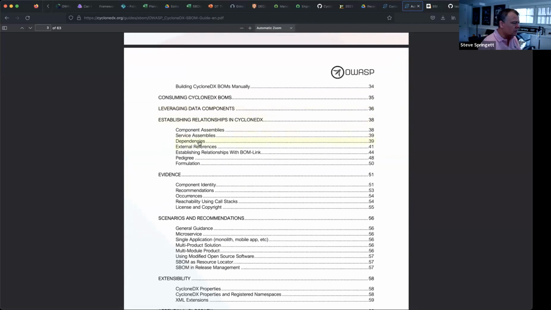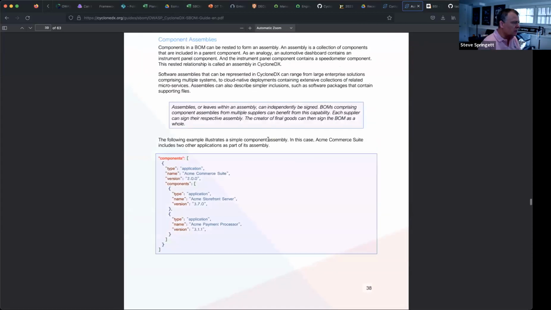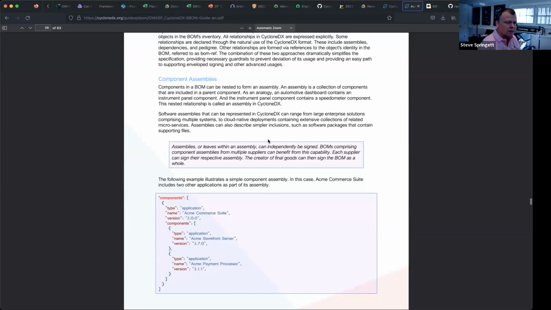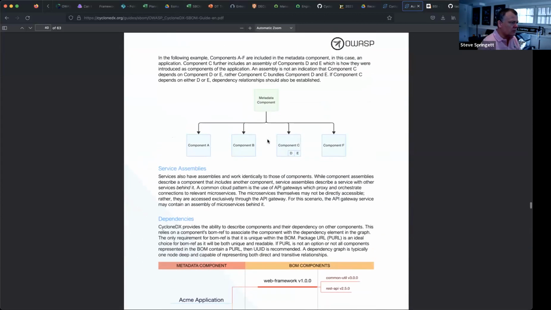Let me just see if I can find some establishing relationships. It does have code examples and some nice little diagrams and that sort of thing in it.